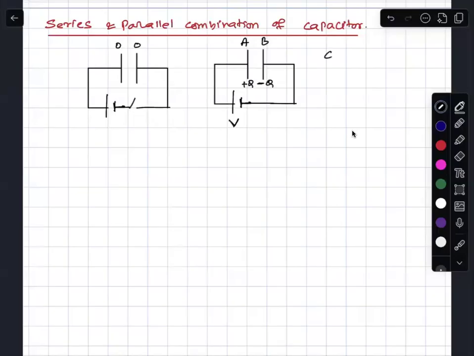Now, Q is nothing but CV. This is the fundamental way of charging a capacitor. Right. Now, what happens when we connect capacitors in series? Now, in series connection, what is happening?